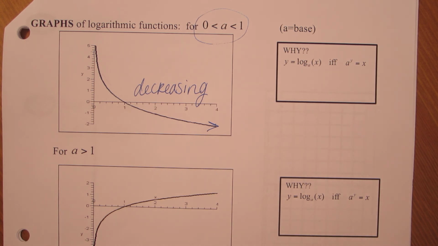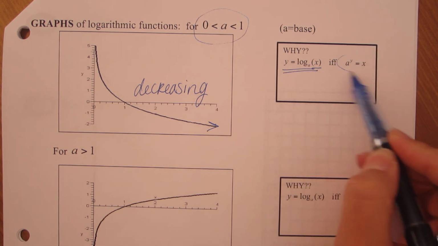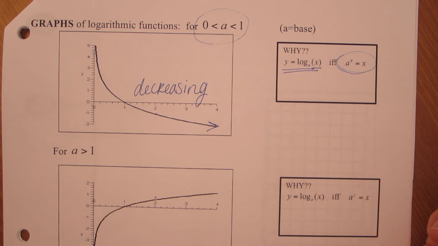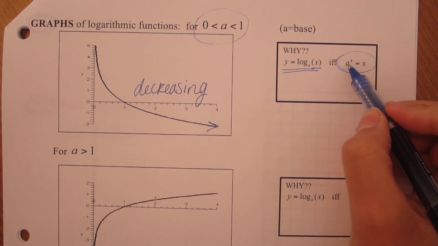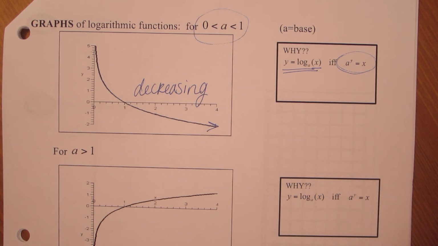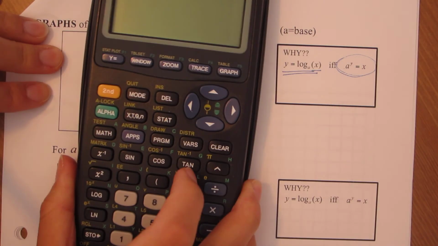The reason that's the case is because the log function is the same as this exponential. So not a to the x, but a to the y, because it's the inverse of the exponential function. So if I have a to the y equals x, and I know my a value is between 0 and 1, I essentially have something smaller than 1. So let's say, for example, my base is 1/2.